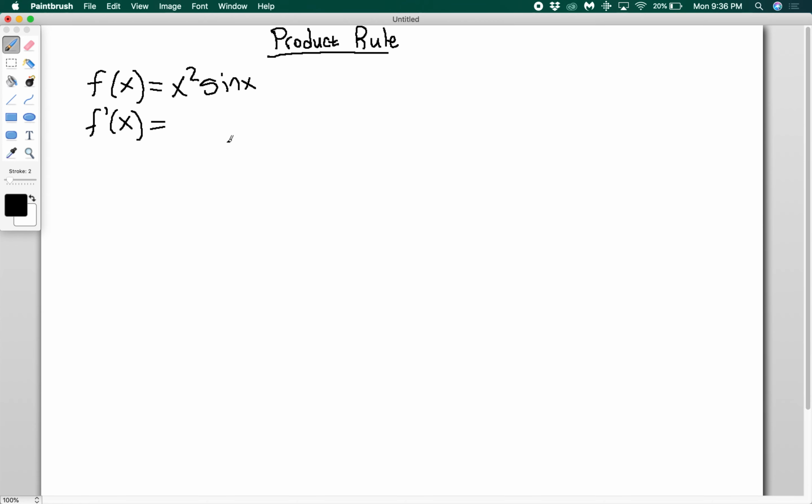So what I'm going to do, and there's a couple ways you can do this, right? If you're getting comfortable with it, you can write out g of x equals x squared, k of x equals sine x, and then take the derivative of each one. G prime of x is equal to 2x. K prime of x is equal to cosine of x, right?